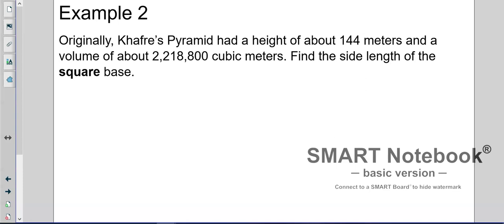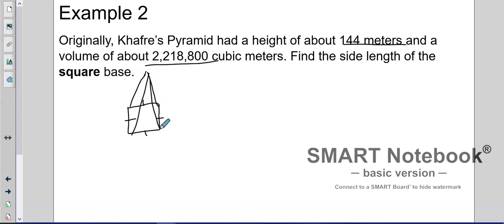All right, originally Khafre's pyramid had a height of about 144 meters and a volume of 2,218,800. Find the side length of the square base. So what that means is we have a square base and basically we have a pyramid that looks something like that.